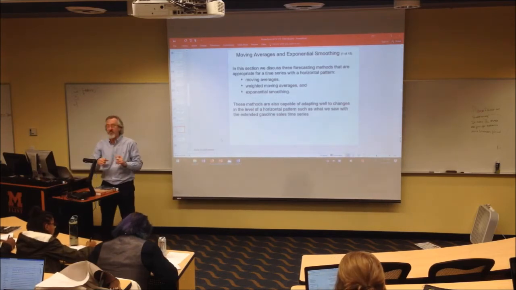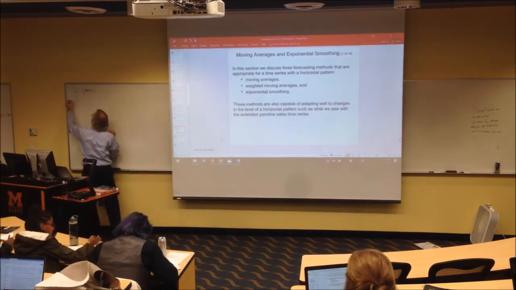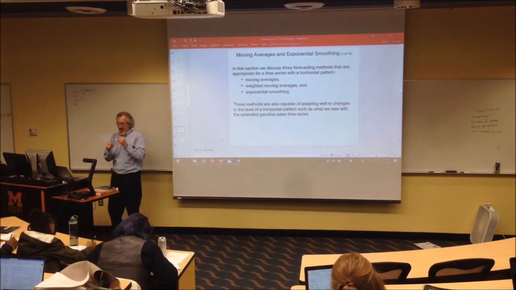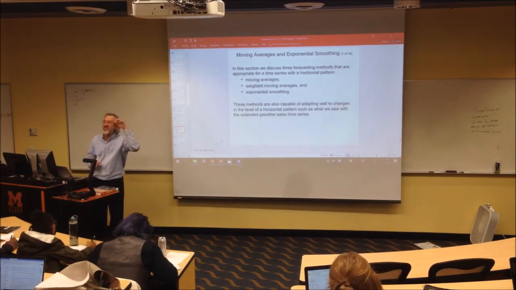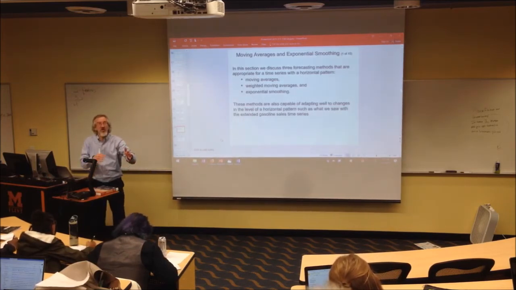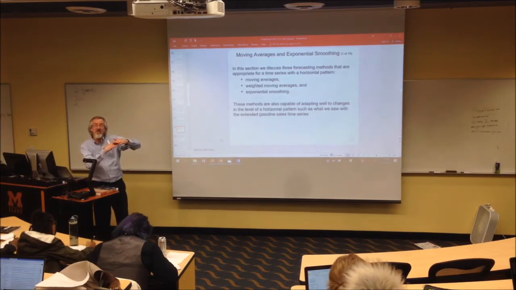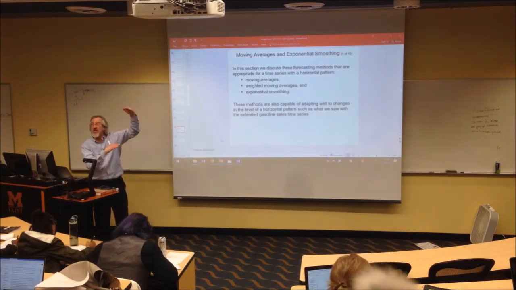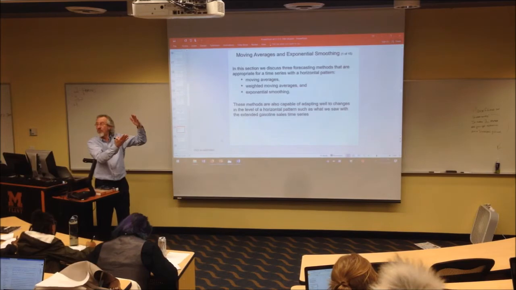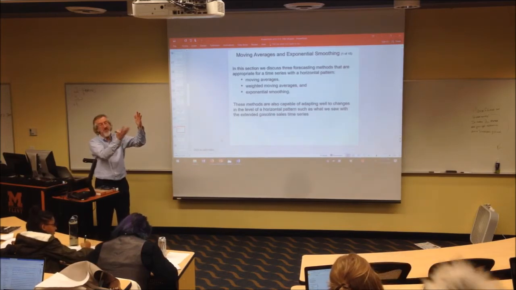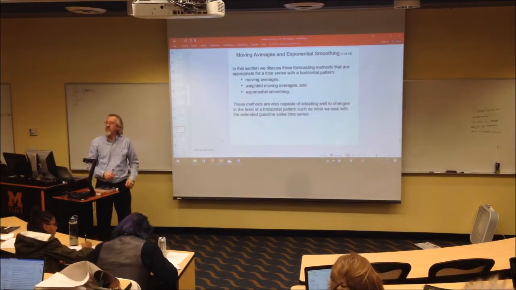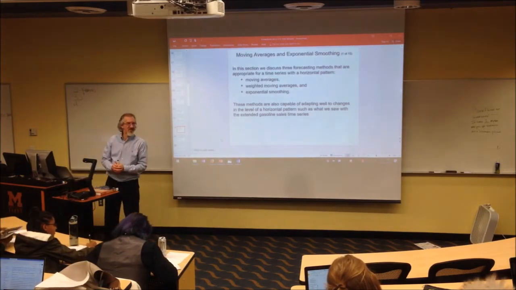So, for example, let's start with a 3-period moving average. And I said, I want you to forecast period 6. You're going to look at the 3 periods before 6: 5, 4, 3. And you add up their numbers, and then you divide by 3, and there's your forecast for period 6.